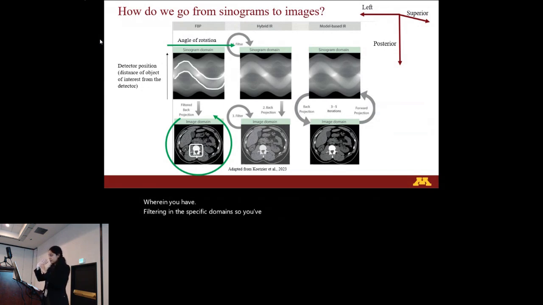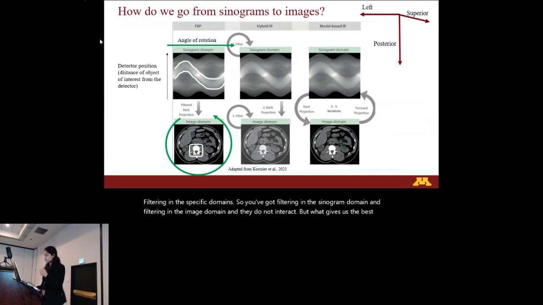You've got filtering in the sinogram domain and filtering in the image domain, and they don't interact. But what gives us the best resolution is model-based iterative reconstruction, where you have feedback from the sinogram to the image domain, performed iteratively, and you have really good resolution and crisp images.